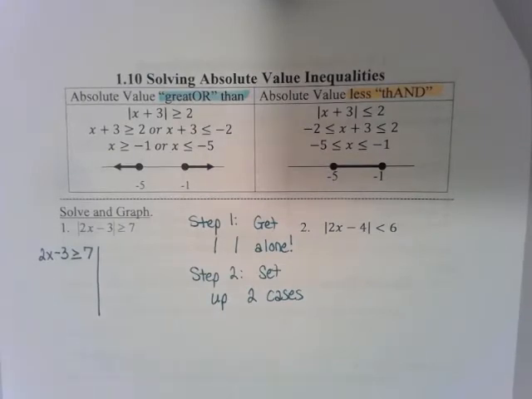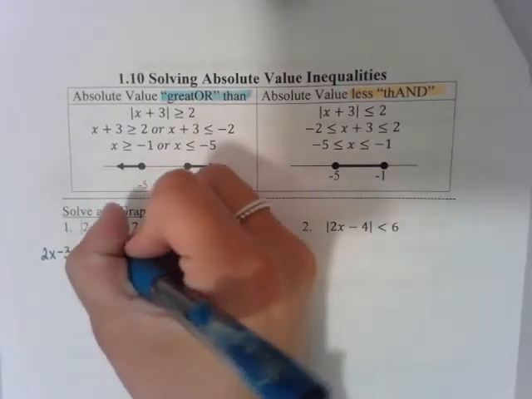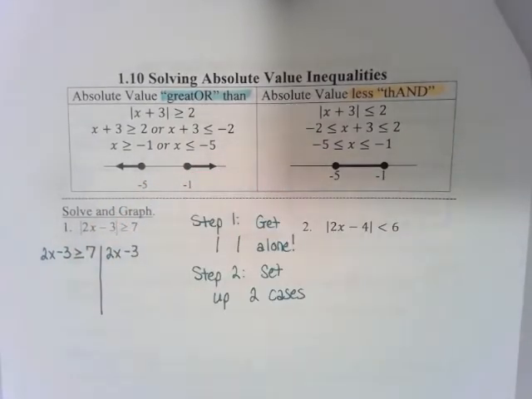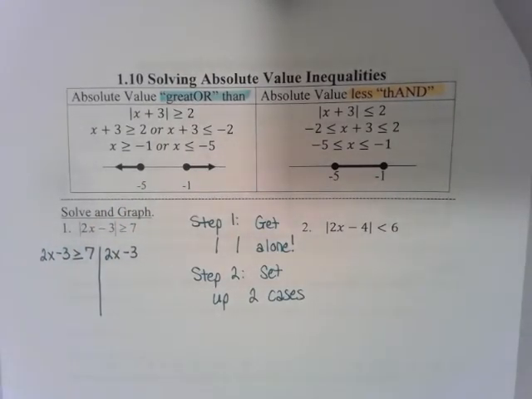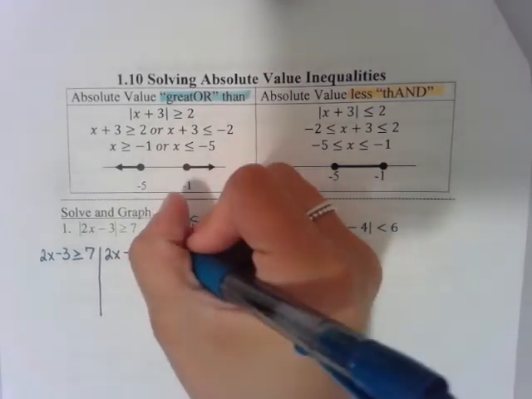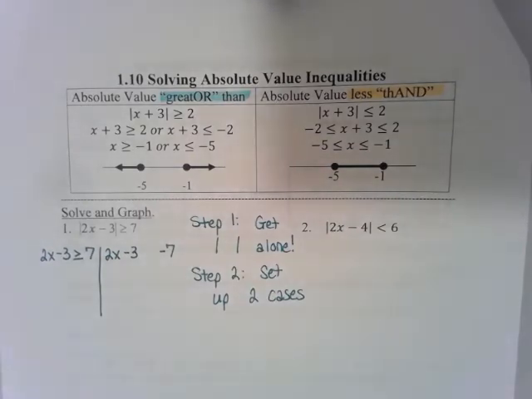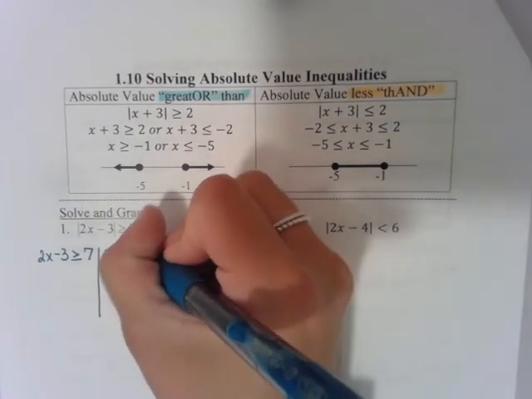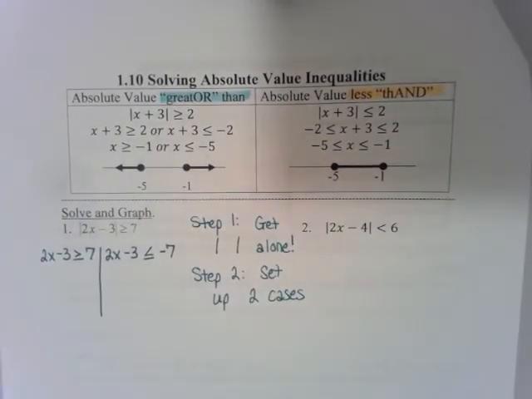Case number 2 is going to have the same first part, so the 2x minus 3 doesn't change. But whenever I find my second case for an absolute value inequality, not only do I have to change that number to a negative, but I also need to flip my inequality sign.